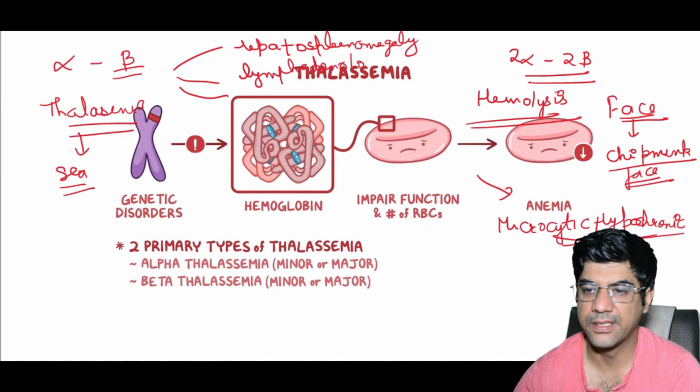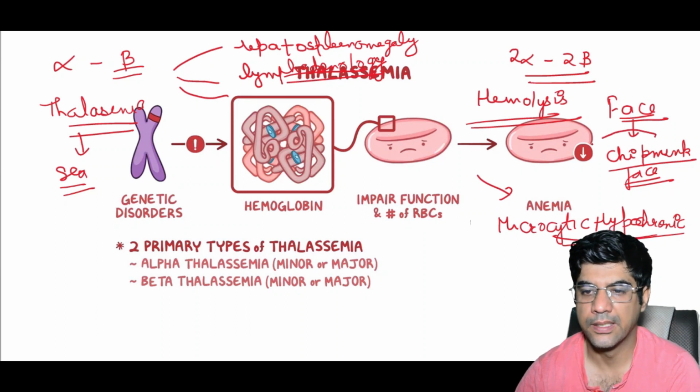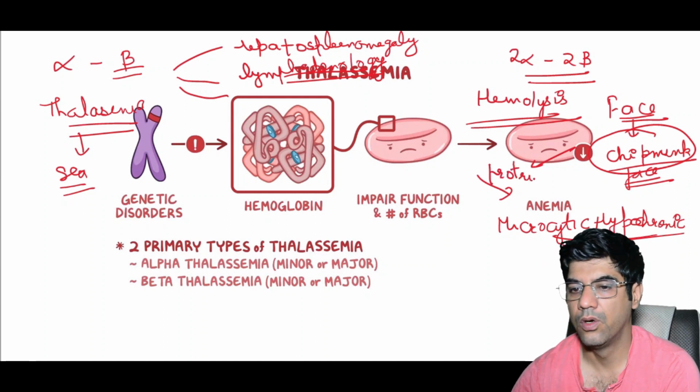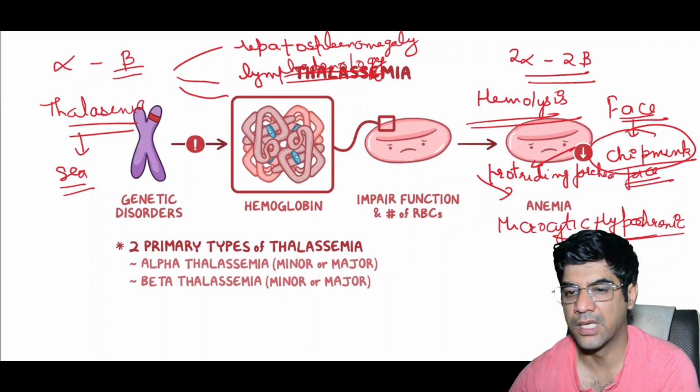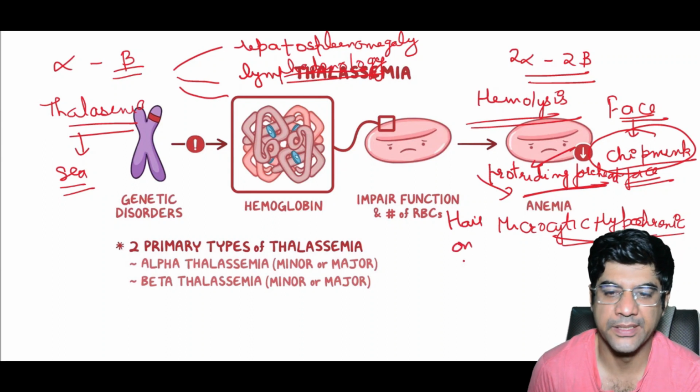Apart from that, with these chipmunk faces, you would see on the X-ray prominent cheekbones and frontal bossing. That means a protruding forehead. On X-ray, you would see a hair-on-end appearance of the skull due to the bone marrow expansion.